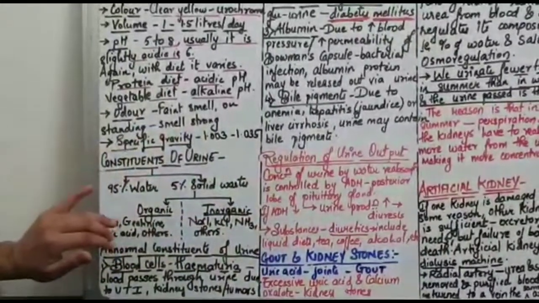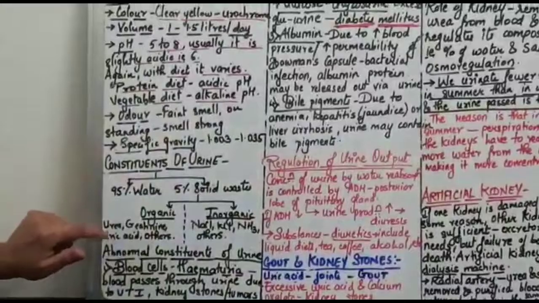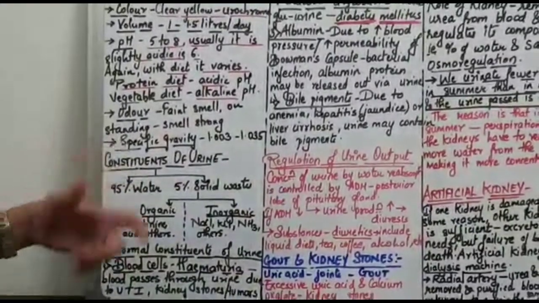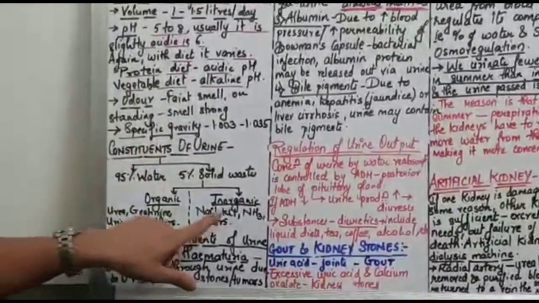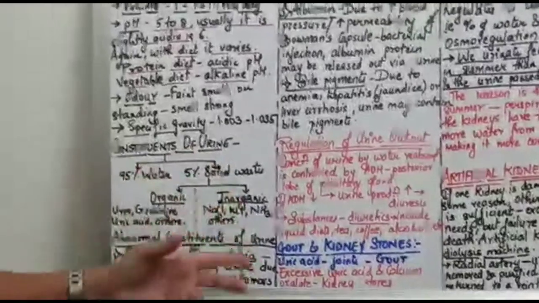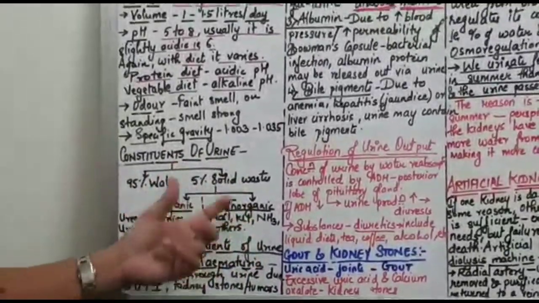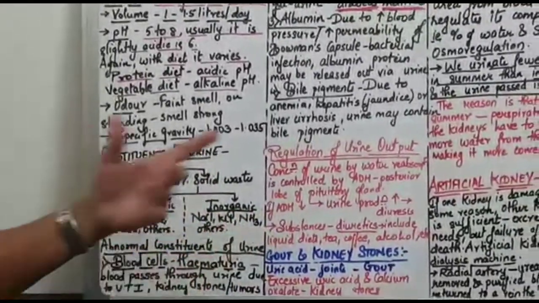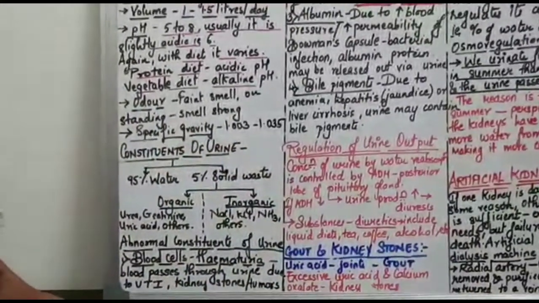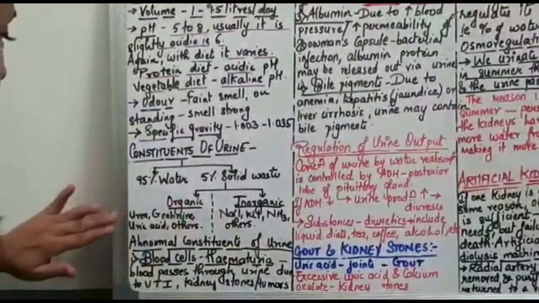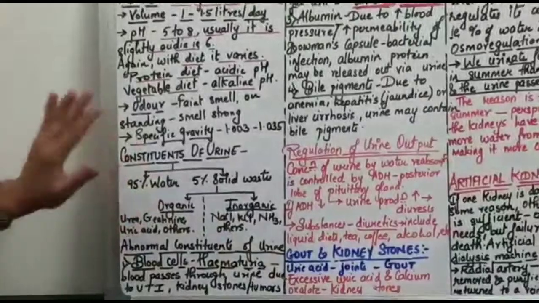The organic matter consists of urea, uric acid, creatinine, and other substances. Inorganic matter can include salts like sodium chloride, potassium chloride, ammonium salts, and various other salts. Okay, so this becomes the constituents.